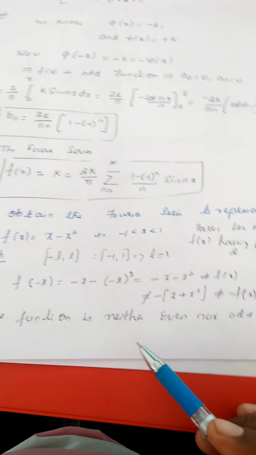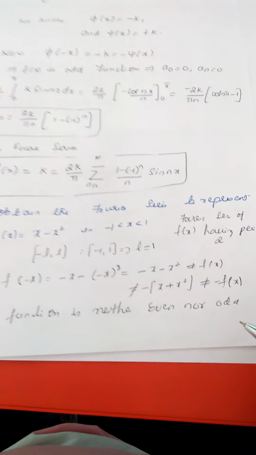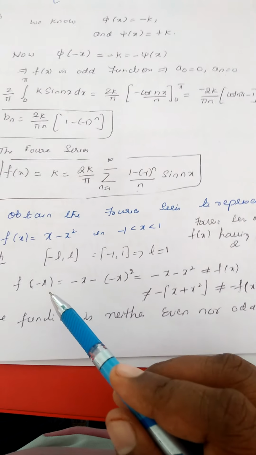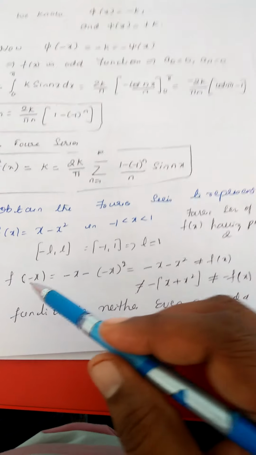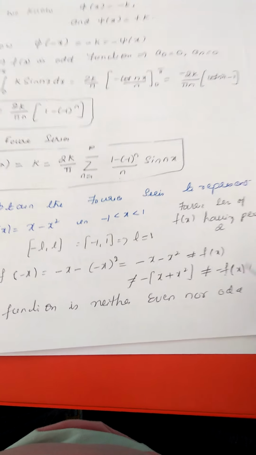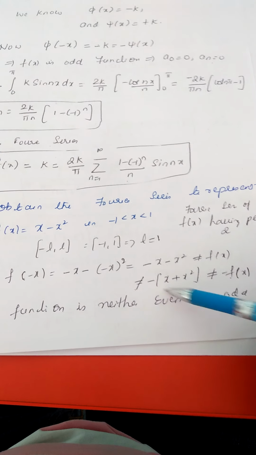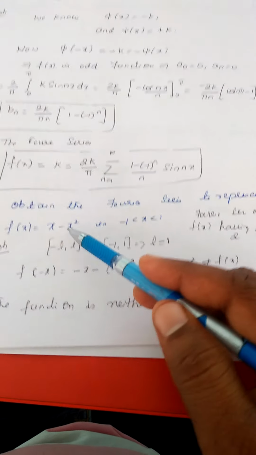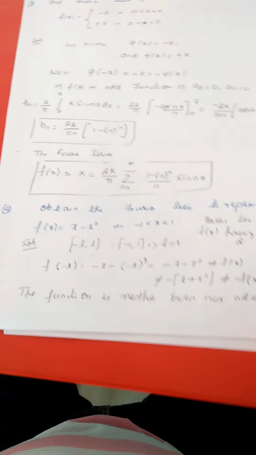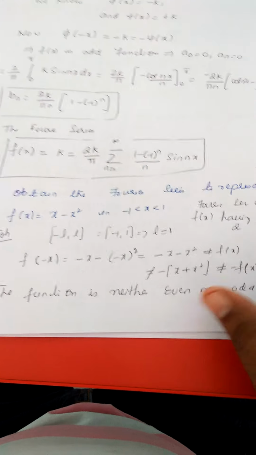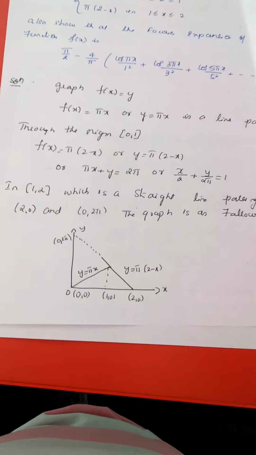That means this is neither even nor odd. See, if f of minus x is equal to f of x, then it is even. If f of minus x is equal to minus f of x, then it is odd. Here both cases are not possible. We cannot express this in terms of f of x plus or minus. Therefore, this is neither an even nor an odd function.